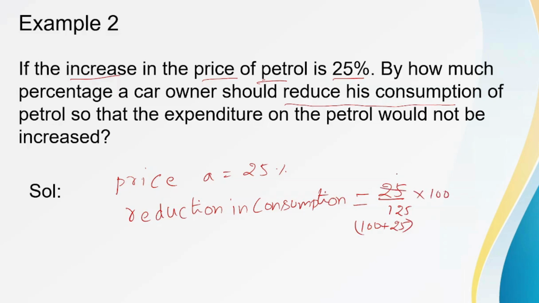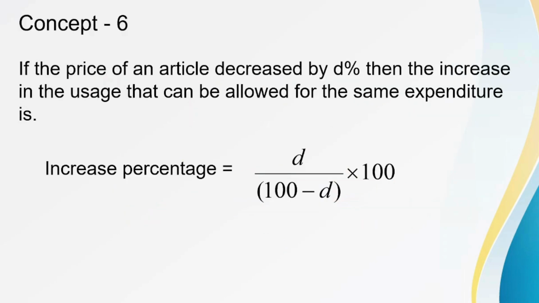So 25 ones are 25, 25 fives are 125. So 1 by 5, that is 5 ones are 5, 5 twos are 10, it is 20%. So the reduction in consumption is 20%.